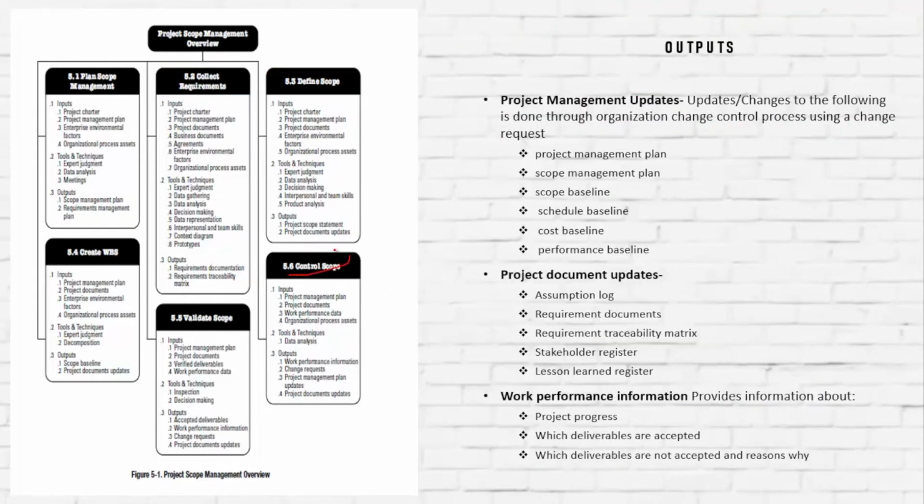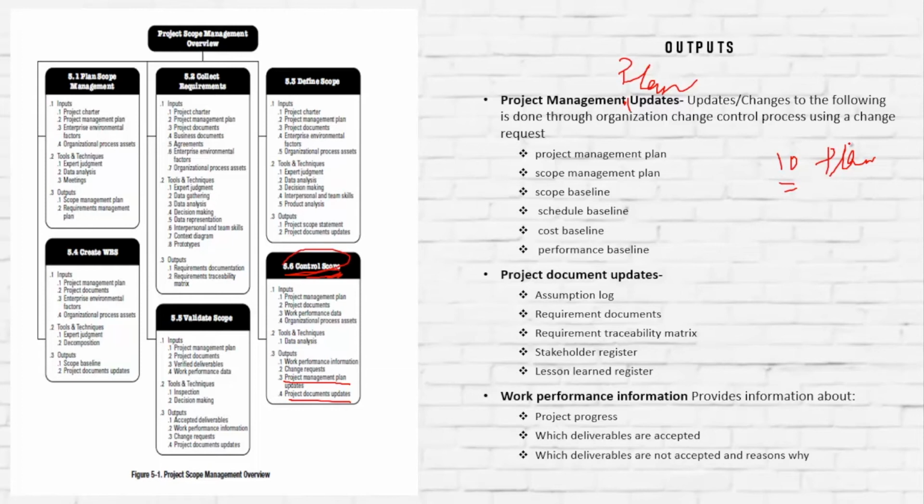For control scope, we have project management plan updates and project documents updates. Since we already have a project management plan, when we try to manage scope, a lot of things become clear and then we can go back and update all those plans. When the planning is done, it doesn't take into account the real picture.